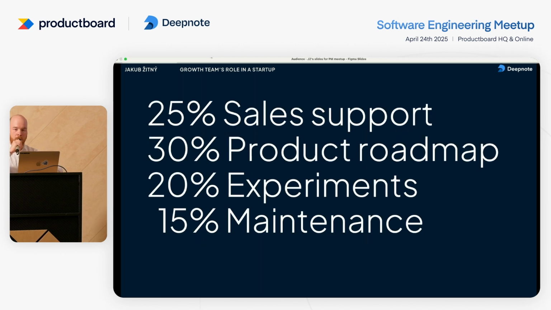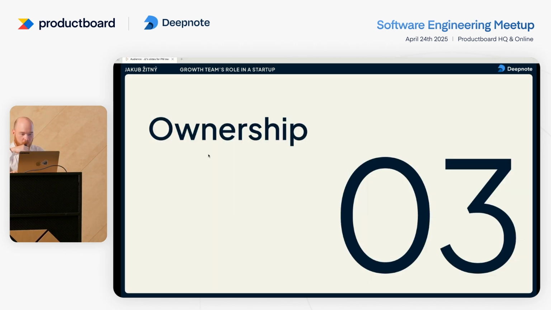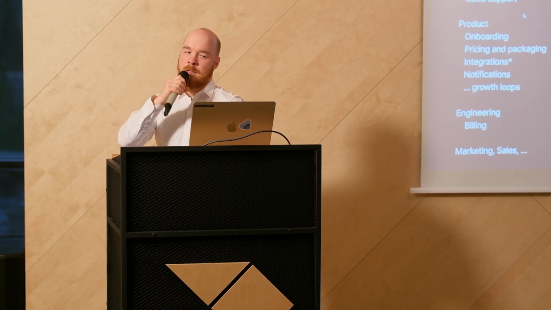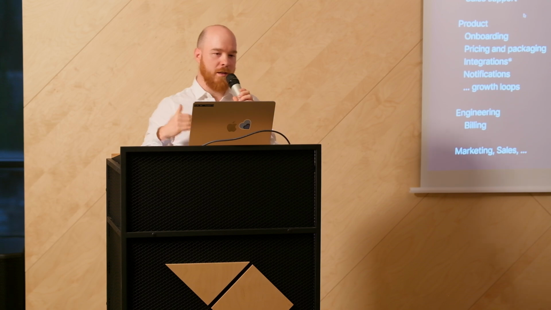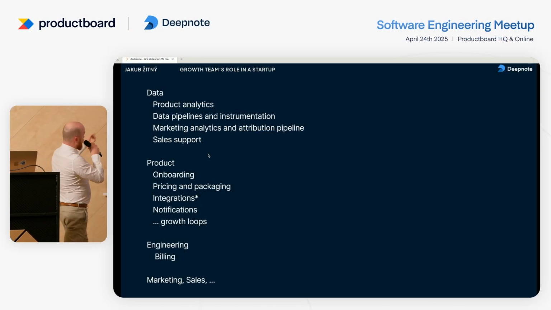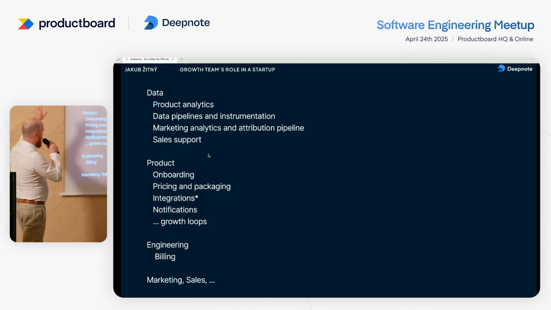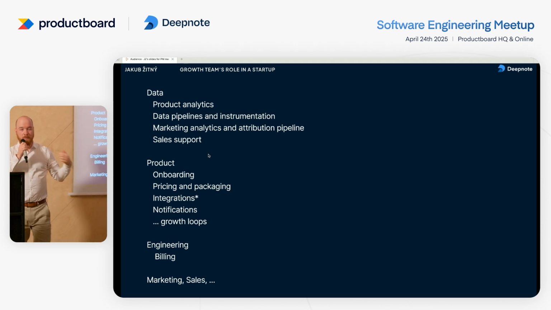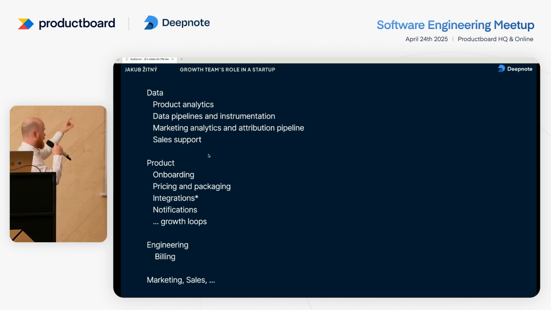So, okay, I should speed up because I promised I won't be talking too much. So yeah, I just wanted to repeat this series of things that we own. And by owning, I don't mean we do something about product analytics, or onboarding, or growth loops, but we know what it means that some of these things are working or not, and we can prove it with data.